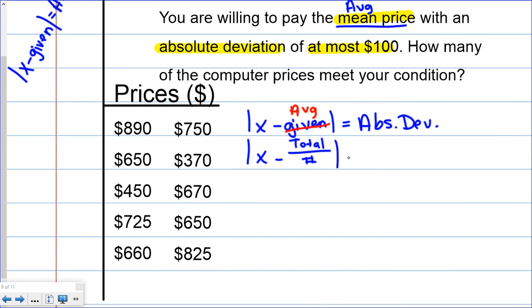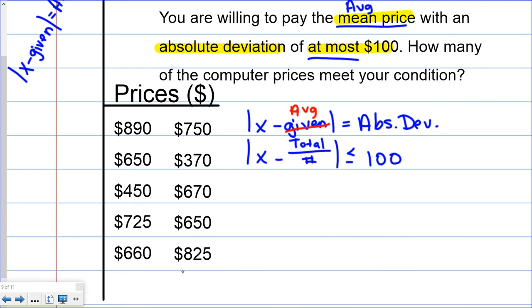Now, when we have this, our x minus the total divided by the number of them, we have equal. Well, right here it says at most. So at most actually means less than or equal to, and that's where our 100 comes in. We want it to be less than or equal to 100. So let's go ahead and find that.